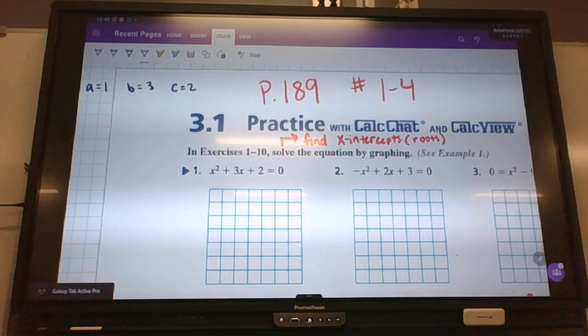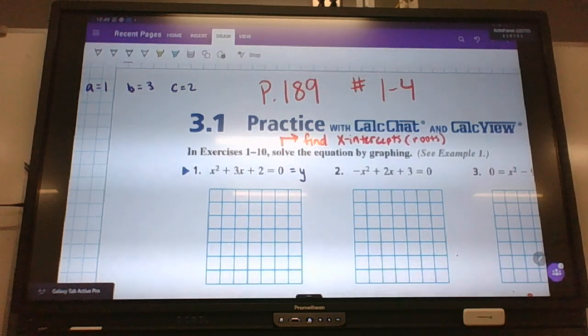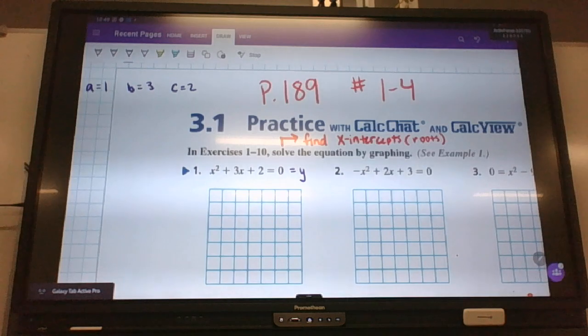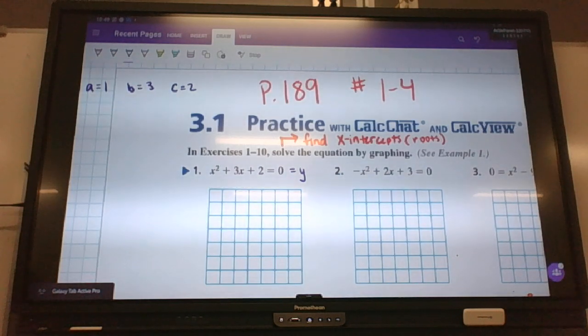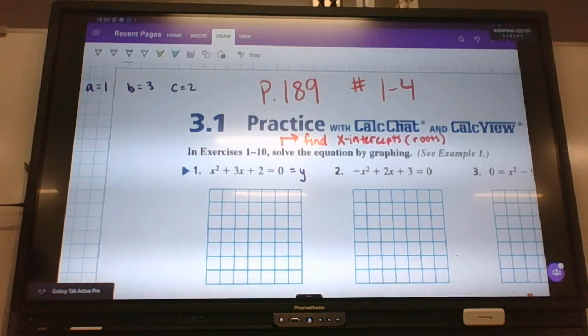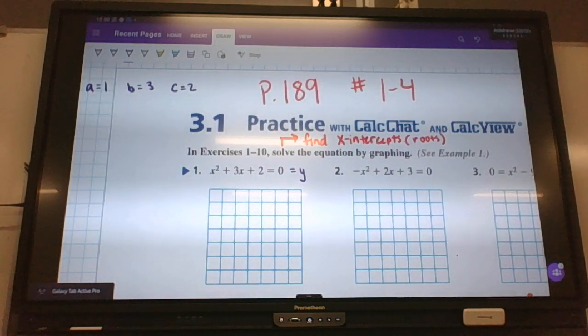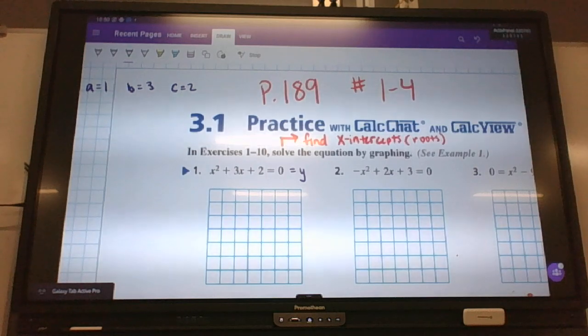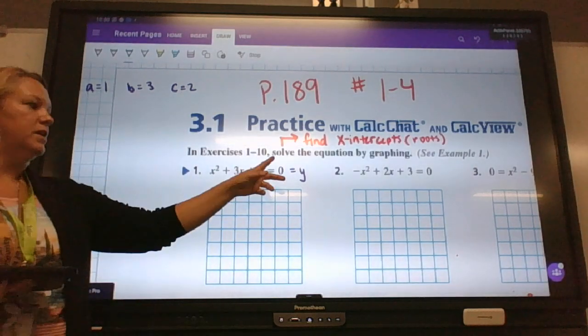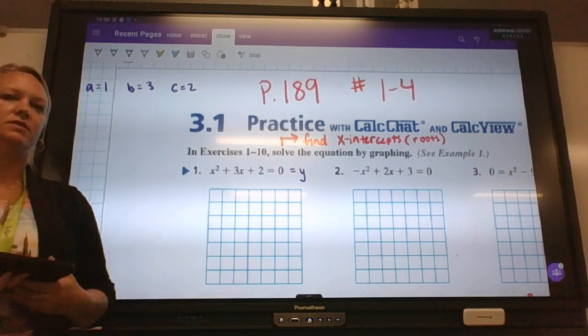Typically, we would see equals Y, right? Now, when someone goes to solve a quadratic equation, they take the Y out and they put a 0 in. That's a really interesting point you pointed out for us, Kenny. It says equals 0 instead of Y. As we graph it, we're going to think of this as Y. But when you solve equations, you do want them set equal to 0.